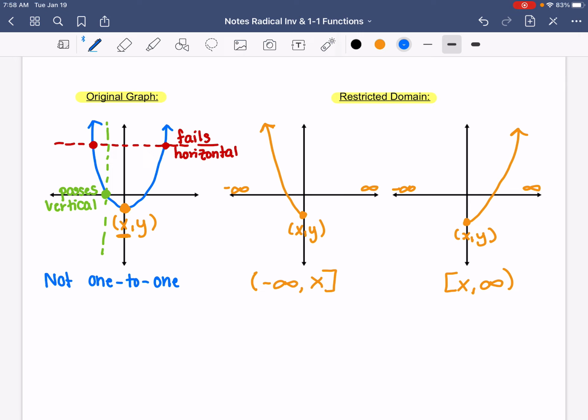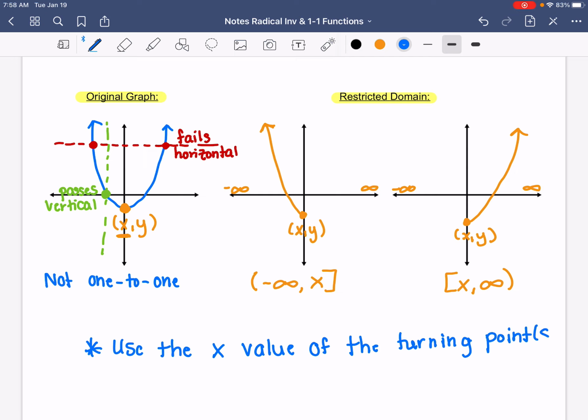But sort of in words, you're just going to use the x value of the turning point. Points could be more than one.